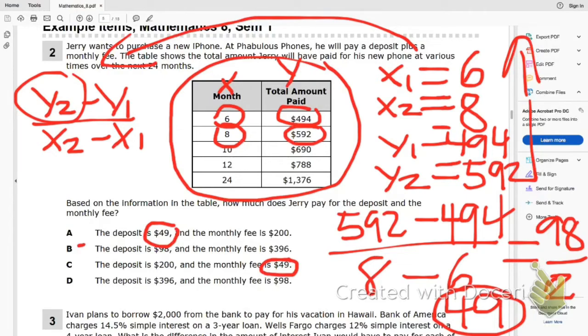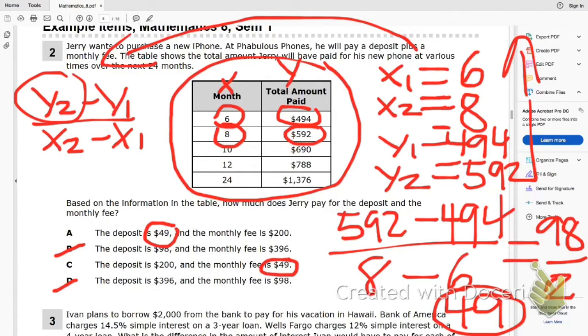So I'm going to eliminate B and D, because we like to eliminate answers. Now, it says the deposit is $49 and the monthly fee is $200. The next one says the deposit is $200 and the monthly fee is $49. If you remember, a deposit is something that happens once and it never changes.